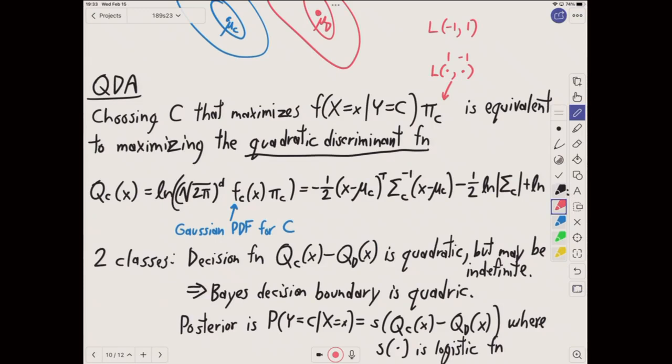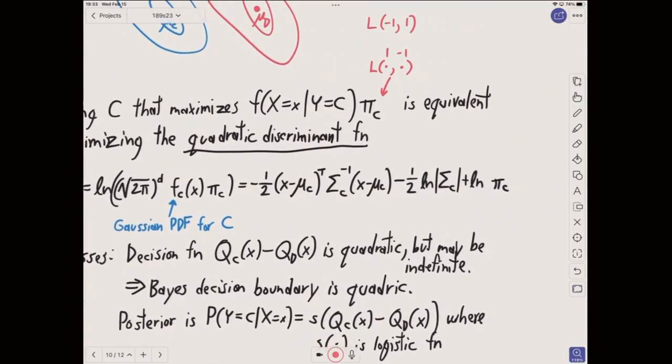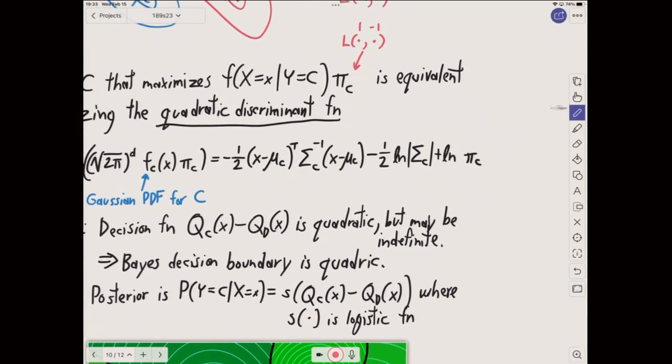I'm not going to try to remember which one is which now. Once you've made that decision, that just becomes another logarithm here, except for the other class, it's the reverse loss function. Does that answer your question?